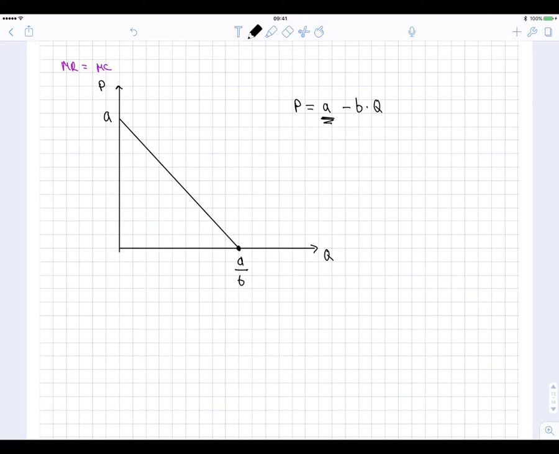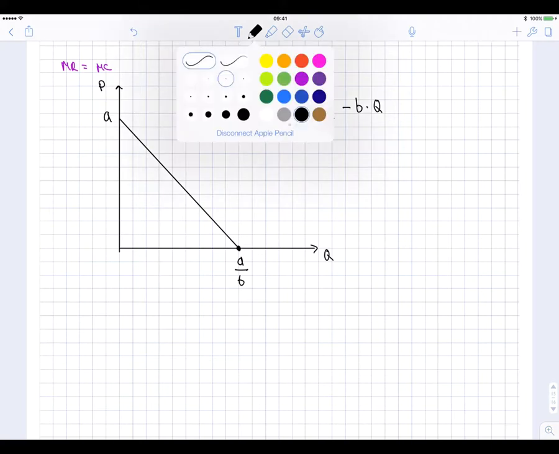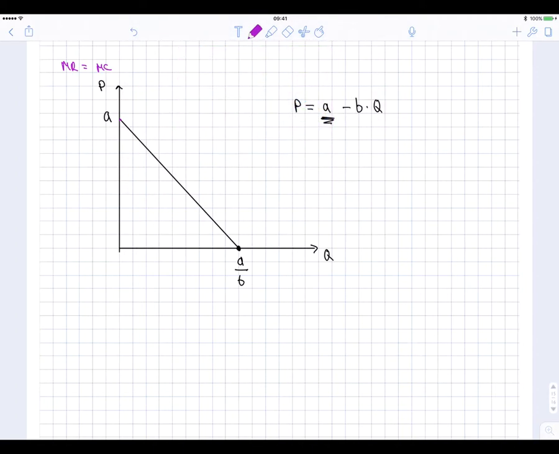Anyone remembers from the pre-sessional course what the marginal revenue looks like? Just the half of it. It starts at the same point, but it has twice the slope. So the slope is twice as steep, which means that this point here is going to be A over B times a half.